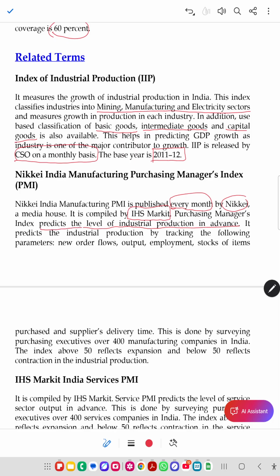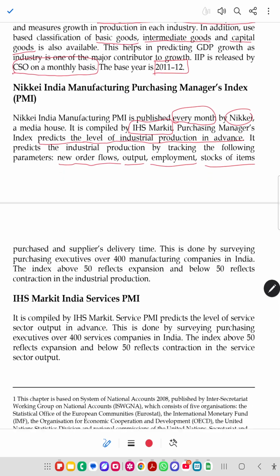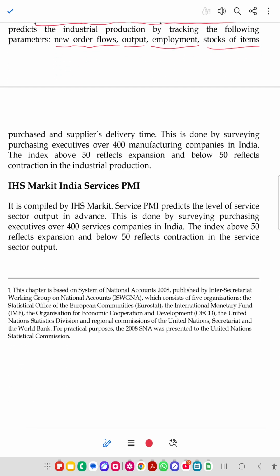It predicts industrial growth by tracking the following parameters: new order flows, output, employment, stocks of items purchased, and suppliers' delivery time. This is done by surveying purchasing executives of over 400 manufacturing companies in India. An index above 50 reflects expansion and below 50 reflects contraction in industrial production.